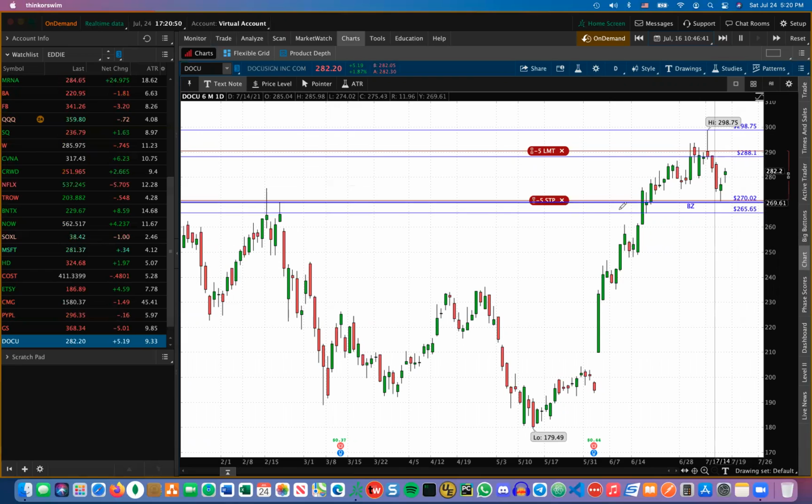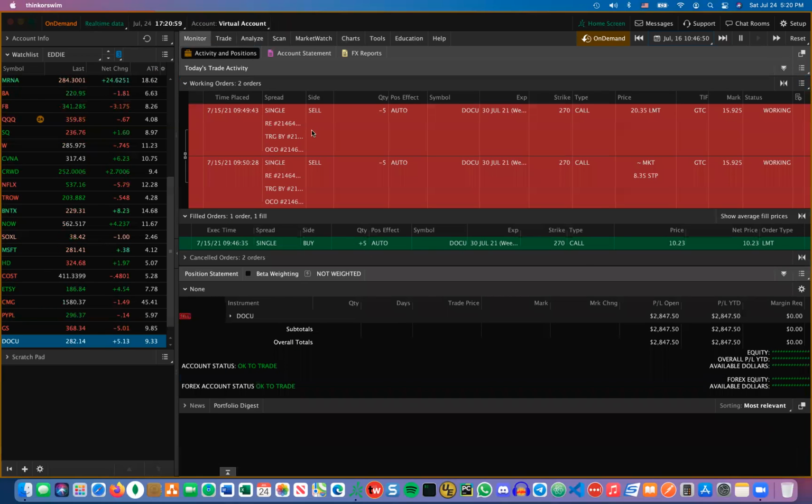In fact, we should go in and set our stop loss a little bit higher to protect some of the profits that we've already made. See where we are. We're still at 28.47. Let me show you how to adjust your stop.